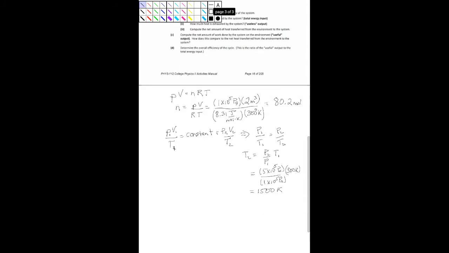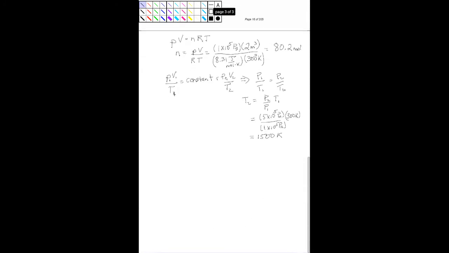I put this on the board last week, and the thermal energy of an ideal gas is of course related to the number of moles of the gas as well as the temperature. So we have this equation that E thermal is 3/2 times the number of moles times R times the temperature.